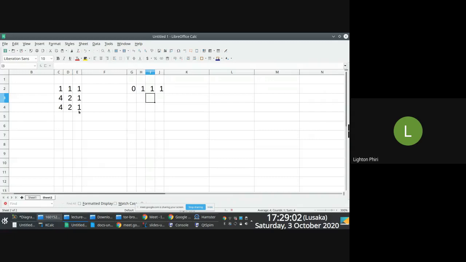And this is 2 to power 0, 2 to power 1, 2 to power 2, 2 to power 3. How do we get the answer? 1 times 1 is 1. 1 times 2 is 2. 1 times 4 is 4. 0 times 8 is 0. The answer here is 7, and here it's going to be 7 as well. You understand?